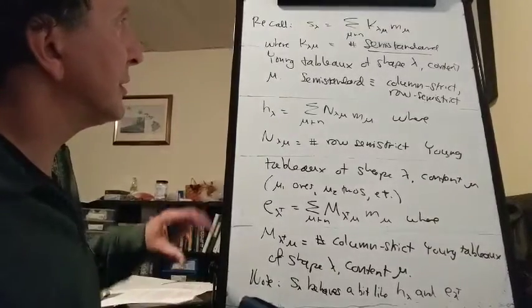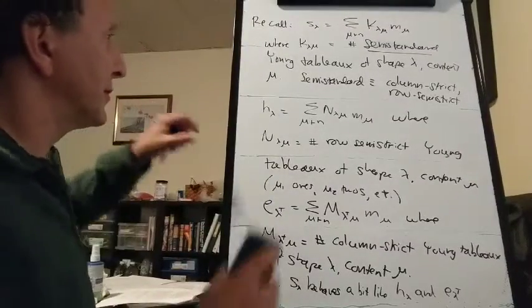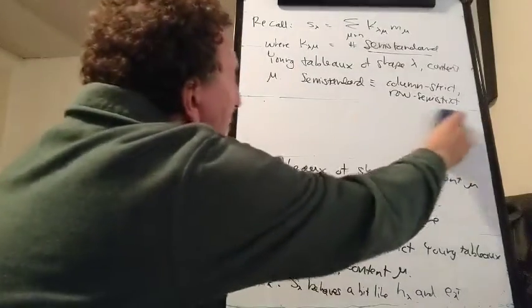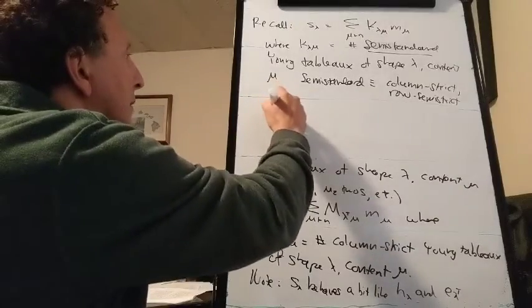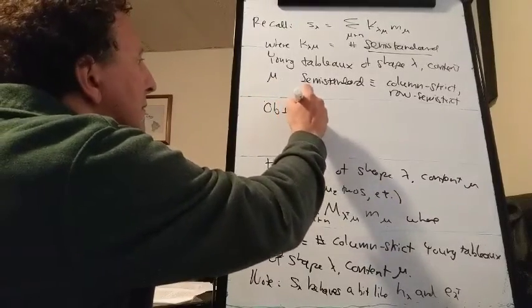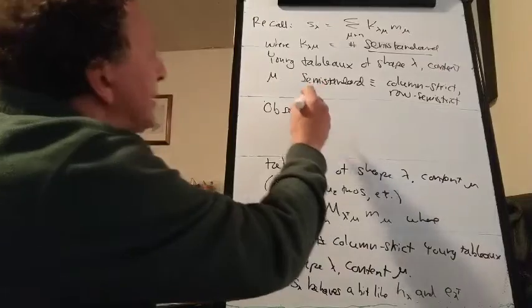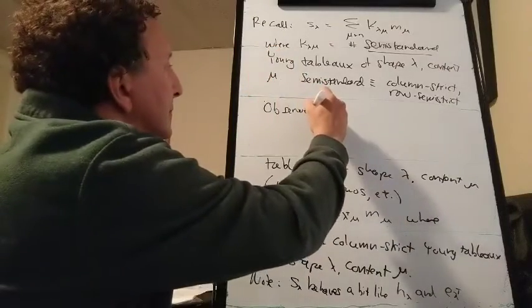Now, let's look at two special cases of the Schur function. What if lambda is just n?